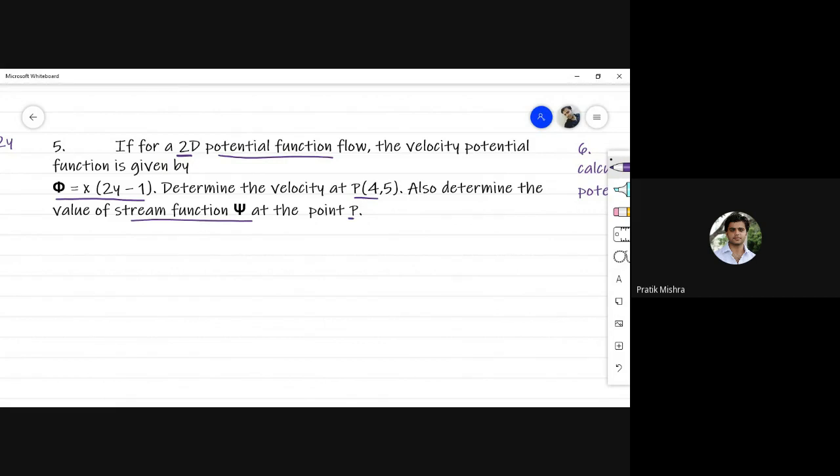Now here you are given phi equal to x into 2y minus 1. First you need to determine the velocity, at point P whose coordinates are (4,5).